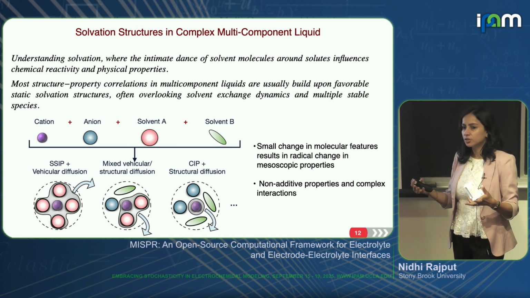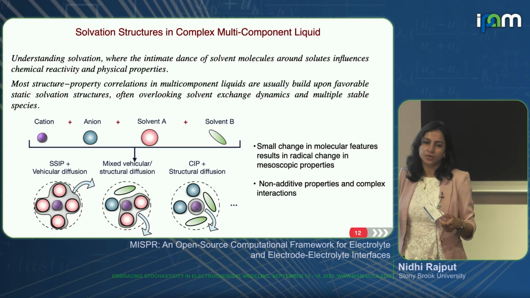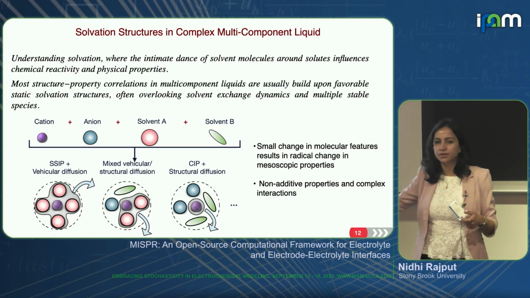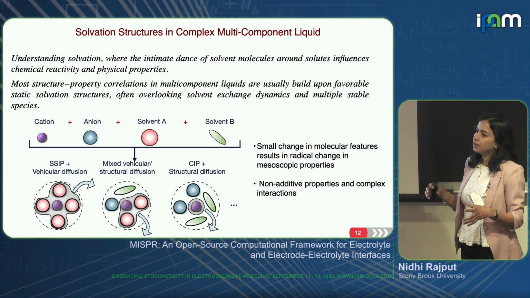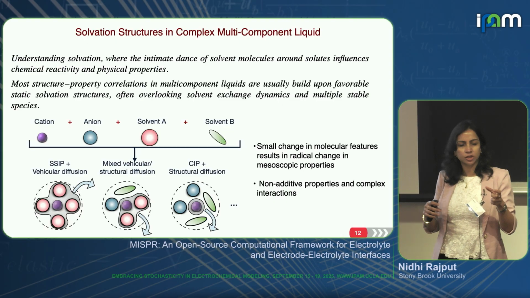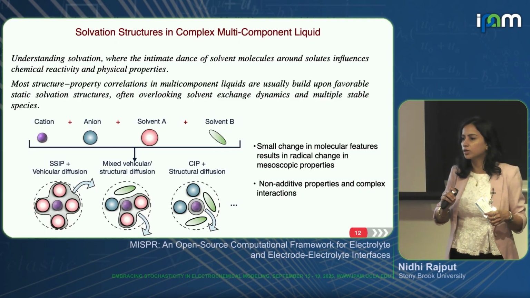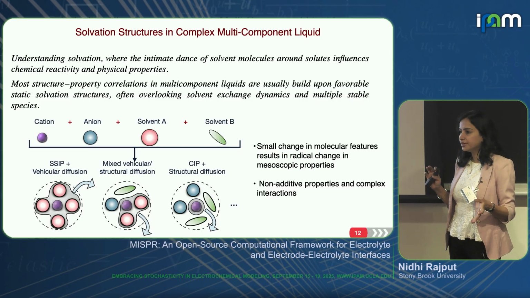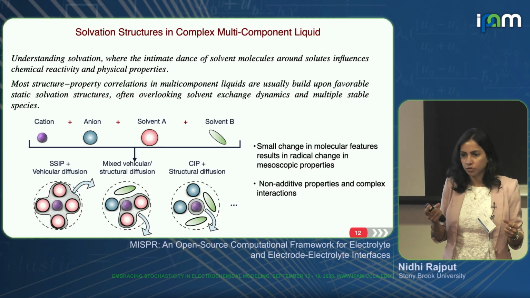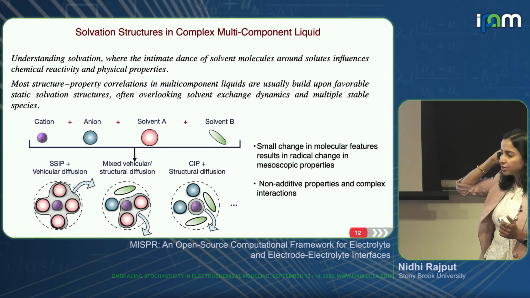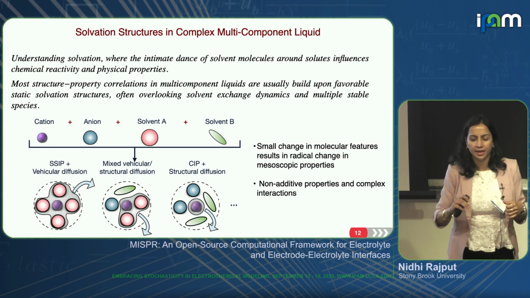In electrolytes, with just the basic three ingredients, a cation, anion, and a solvent, and sometimes binary solvents and additives, it's not always trivial to predict the solvation structure, because minor changes in the molecular features can lead to significant changes in the solvation structure, and these properties are non-additive in nature. It's also very important to understand solvation structures, for example in battery or electrochemistry applications, because it drives a lot of transport and mechanical properties.